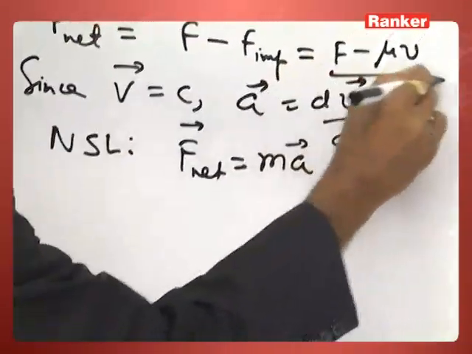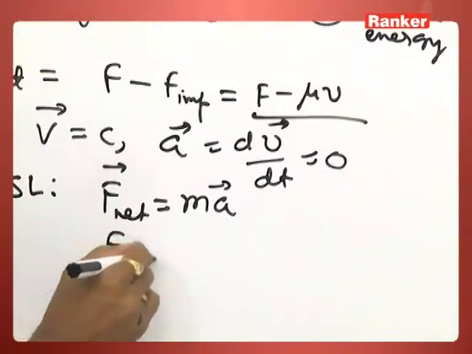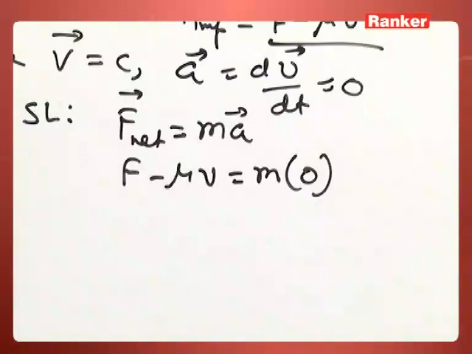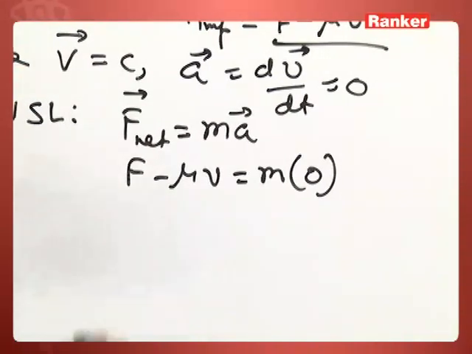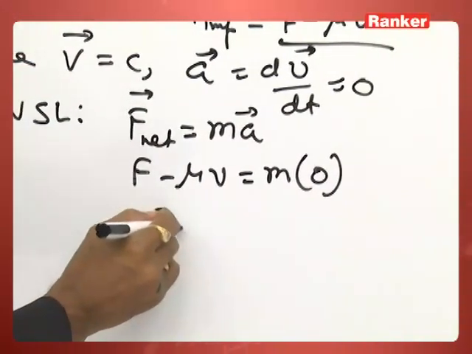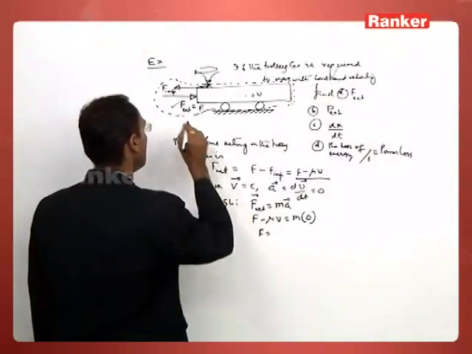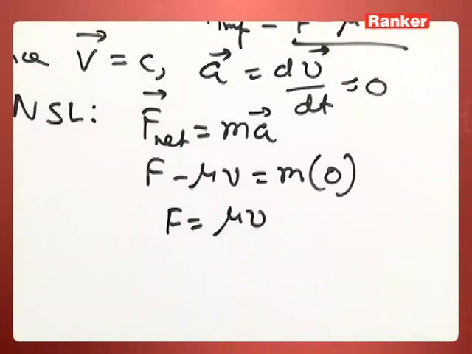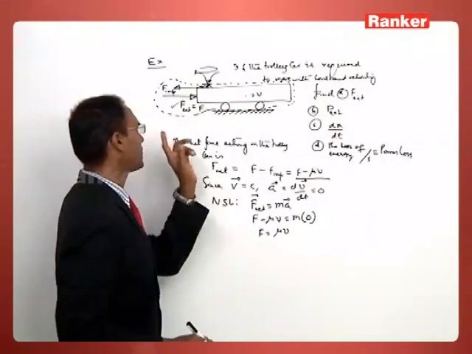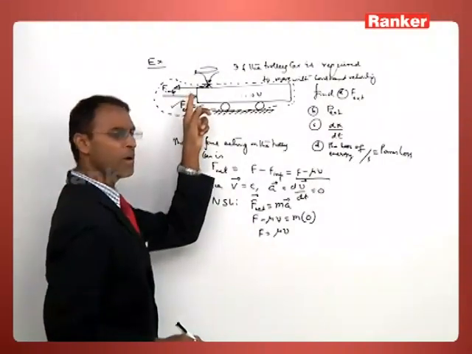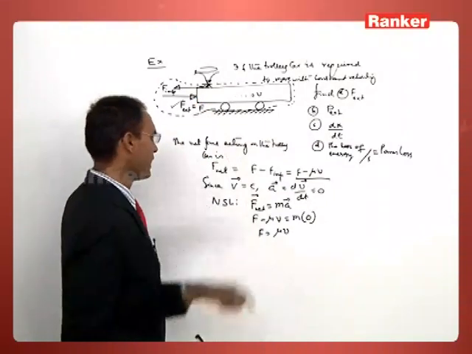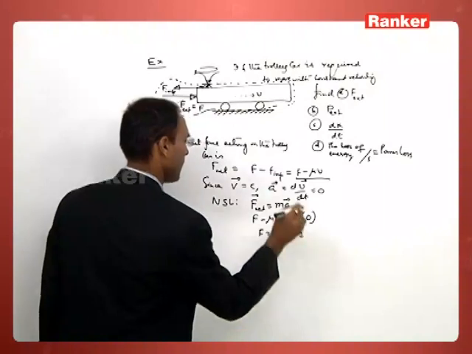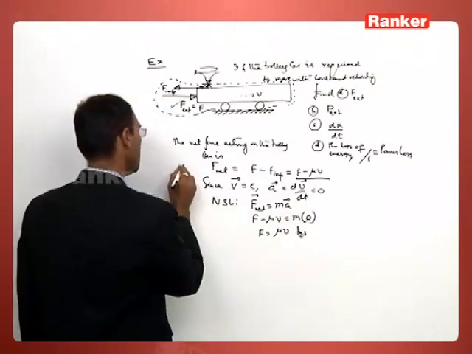The net force acting on the trolley car is F minus mu V, and the acceleration of the trolley car is 0. This will give us the magnitude of the applied force, that is equal to mu V, exactly equal to the impulsive force and oppositely directed. So this is the answer of the first part.